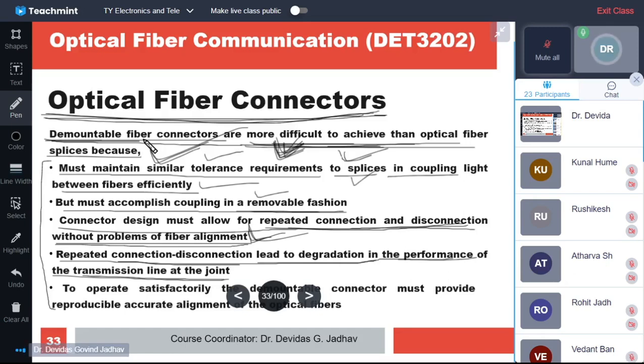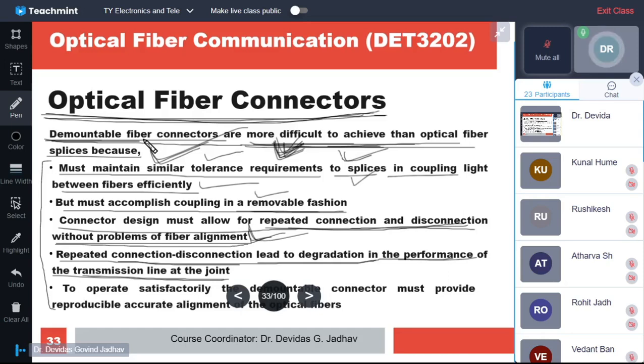Continuously alignment and disalignment is there, but that should not introduce additional misalignment. It should allow the connection disconnection without additional problems of fiber alignment.